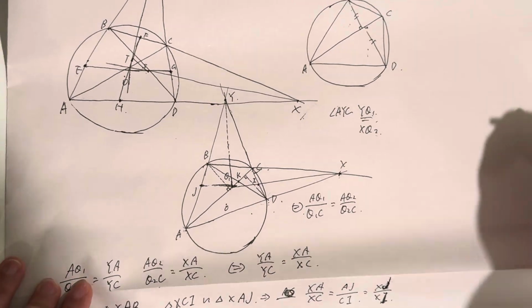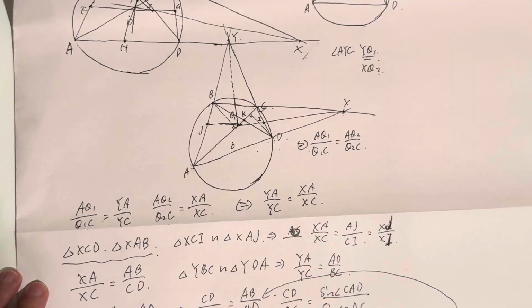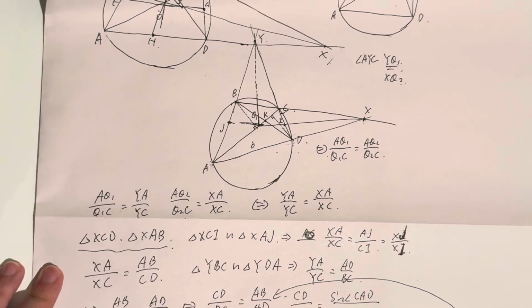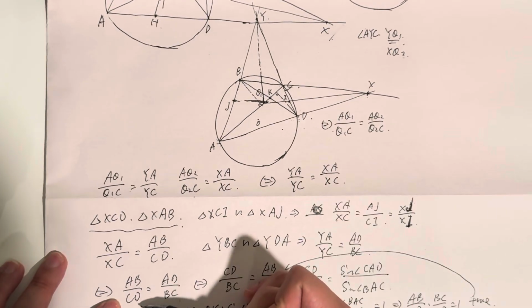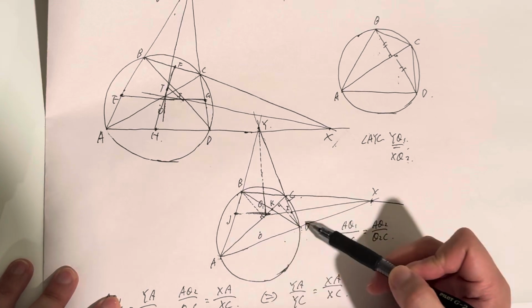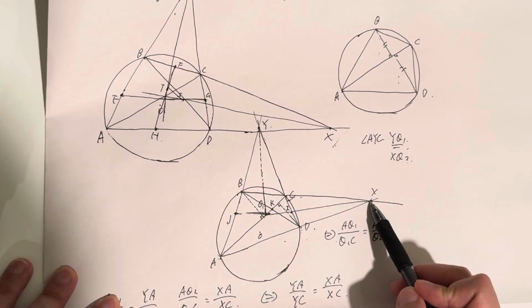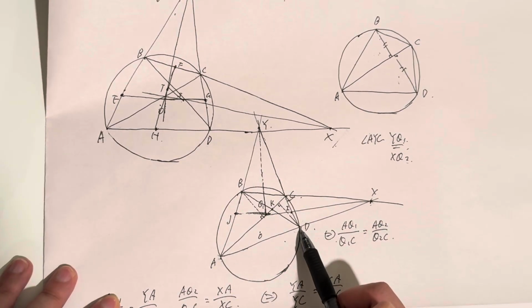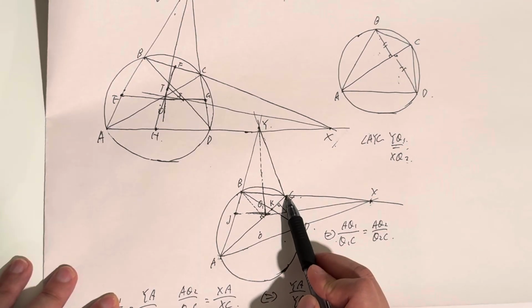And notice this, because AB to CD equals AD to BC. What is AB to CD? AB to CD is a ratio of the triangle XBA to the triangle XCD. It equals AD to BC.